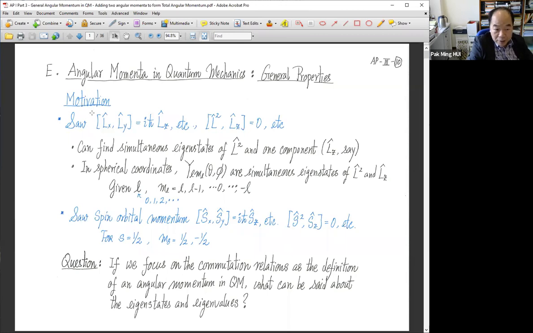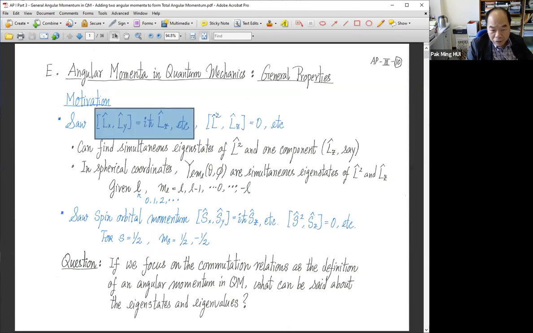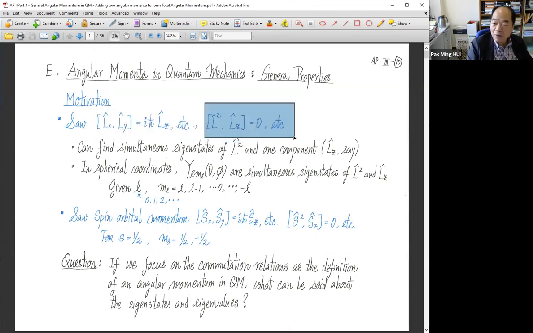We have seen orbital angular momentum obeying 6 commutation relations. Lx, Ly, and cyclic permutations: y, z, zx. So I only write down one, and I let you write down the other. And another 3 has to do with L squared with Lx, Ly, Lz respectively, and I only write down one. You write down the other, okay?